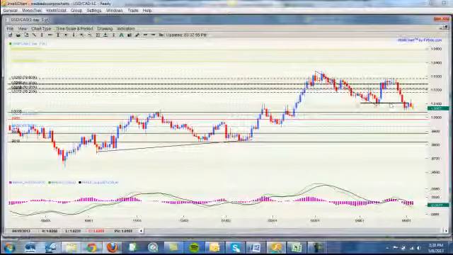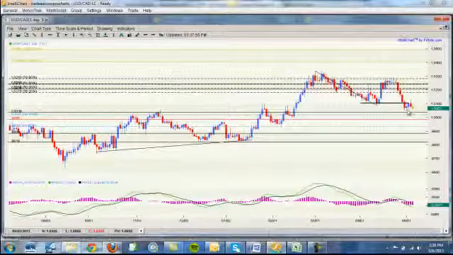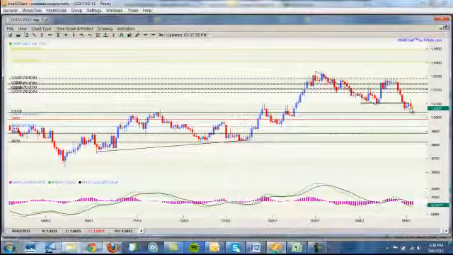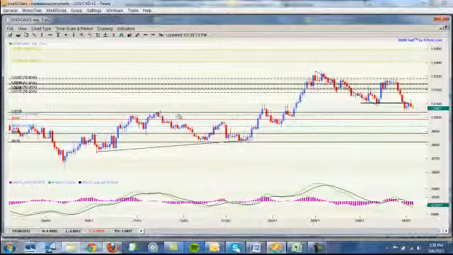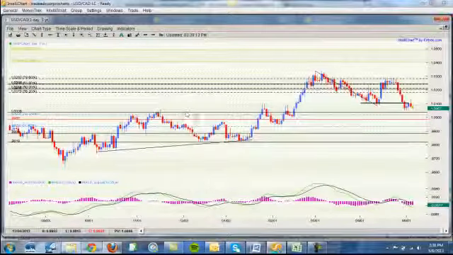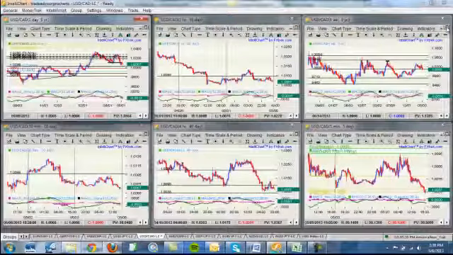I do expect that price will continue to shoot back up, but we're still having a difficult time with that. We do have a price order set down here at 1.0010, and we're going to continue to hold that for a little while and see how price reacts off of this major key level. So let's go take a look at the next pair.